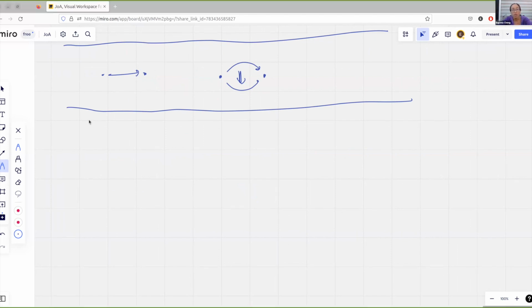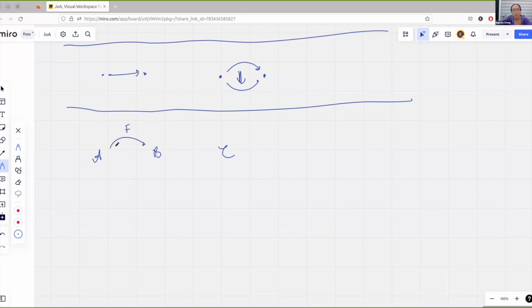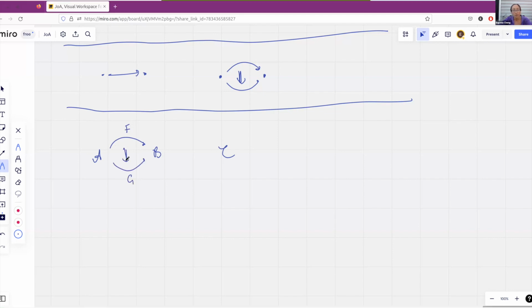Let me attempt to use the same notation as in the book, A, B, C. So if we have categories A, B, and C, and we've got functors F and G, a natural transformation from F to G, and then a functor H. Take a look at the outside of that diagram.